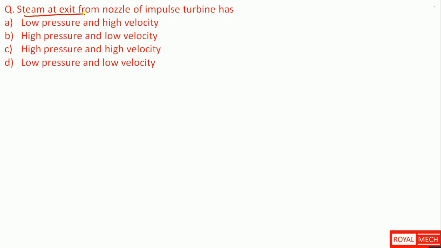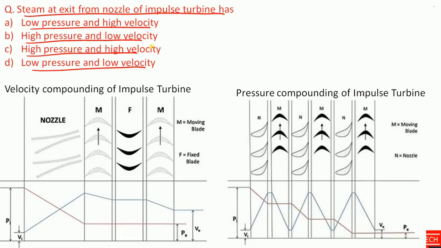Steam at exit from the nozzle of an impulse turbine has: low pressure and high velocity, high pressure and low velocity, high pressure and high velocity, or low pressure and low velocity. Here the question is about steam exit from the nozzle.